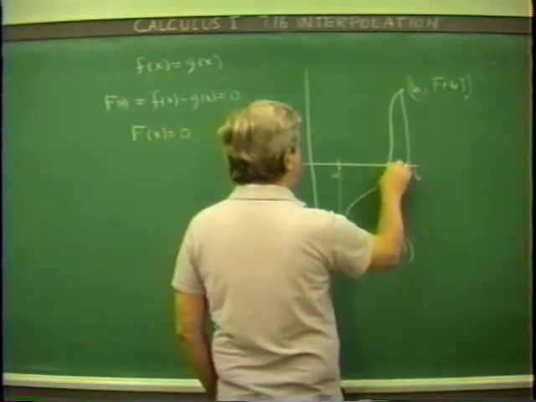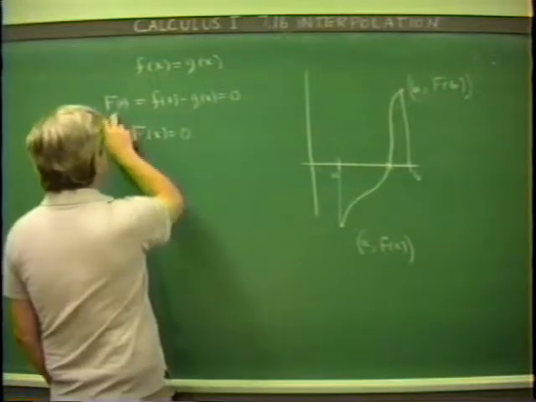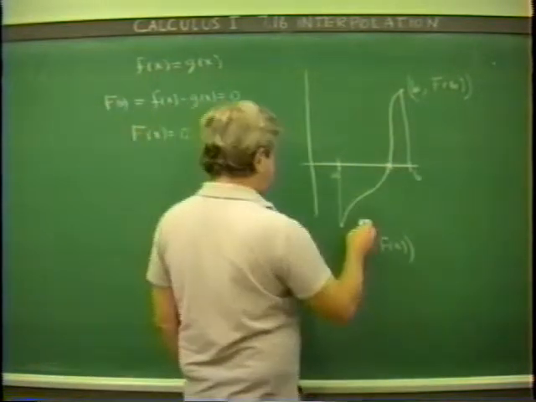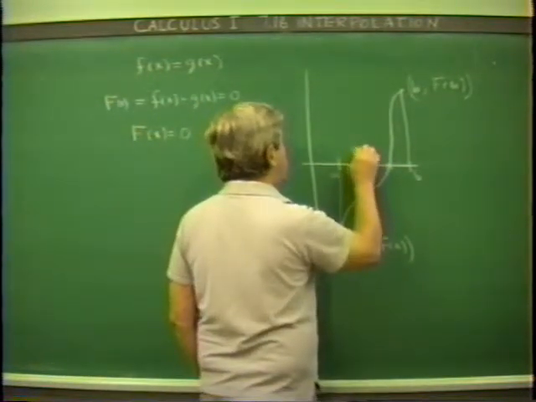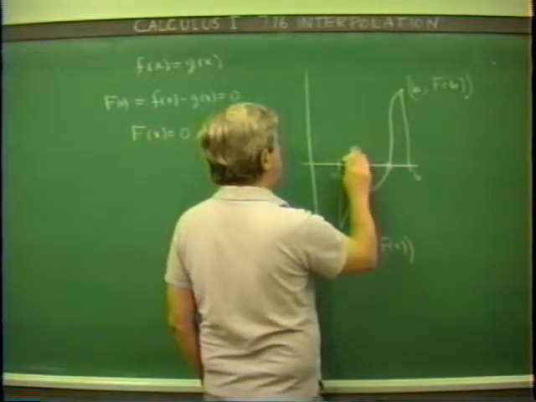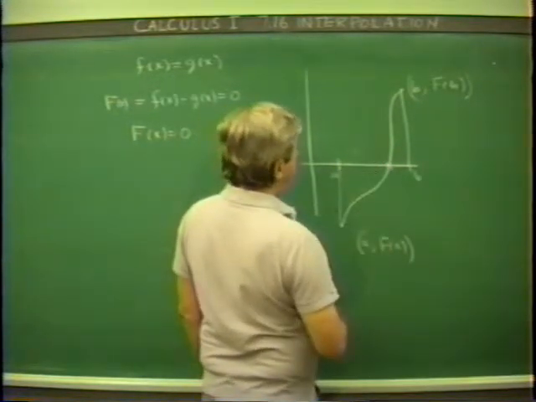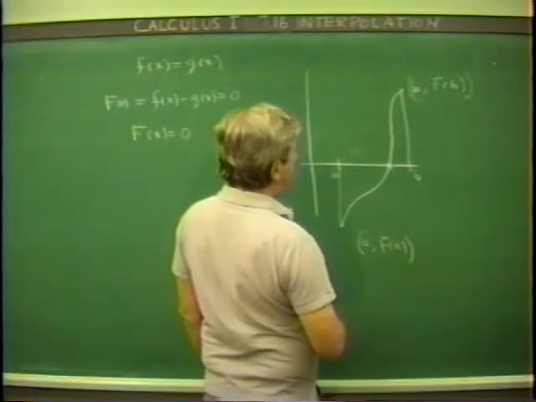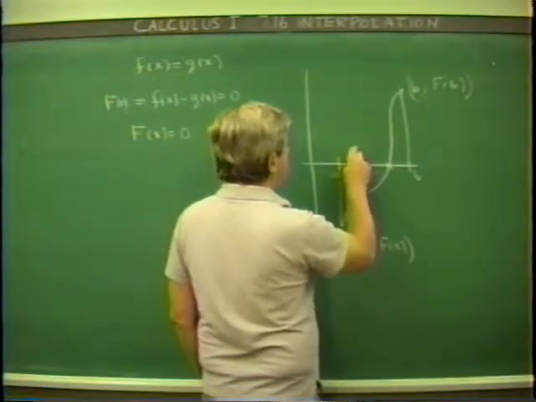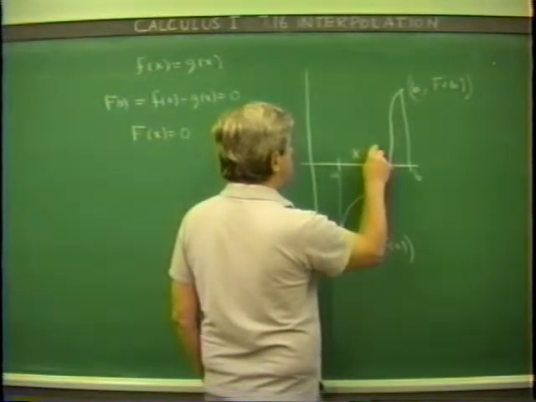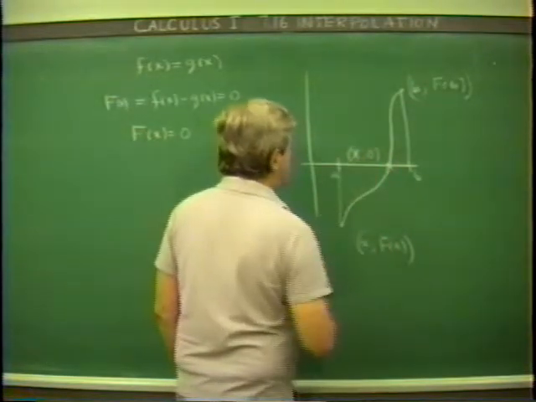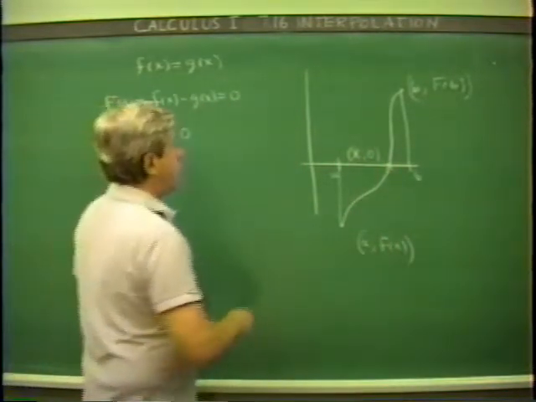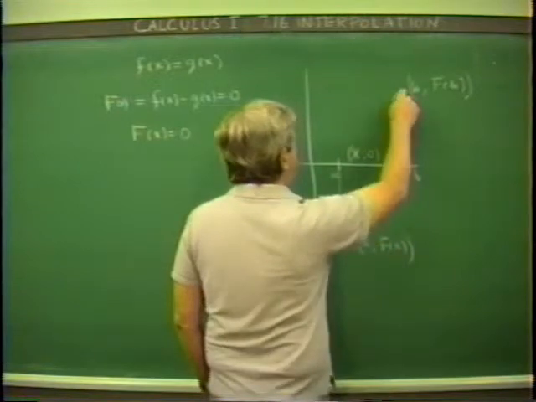One of these is below 0, the other one is above 0. The function does something like so, perhaps, and we want to know where it crosses 0. That's to say, when is f of x equal to 0? Well, this is going to be the point x0 here.